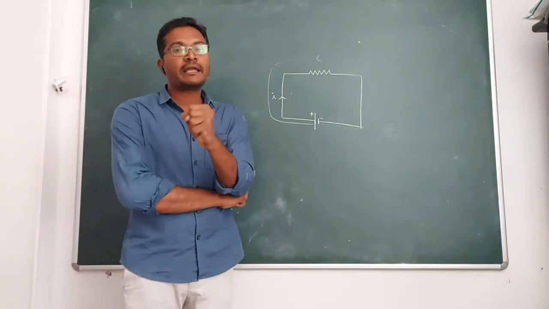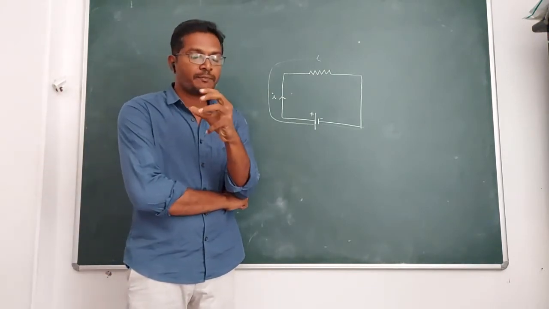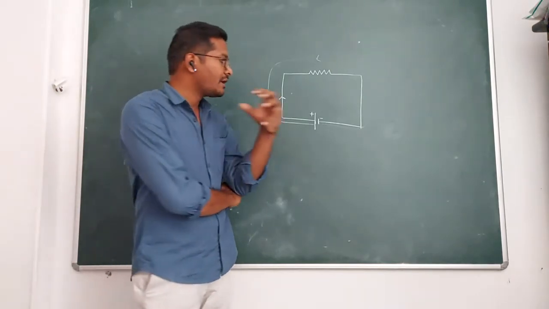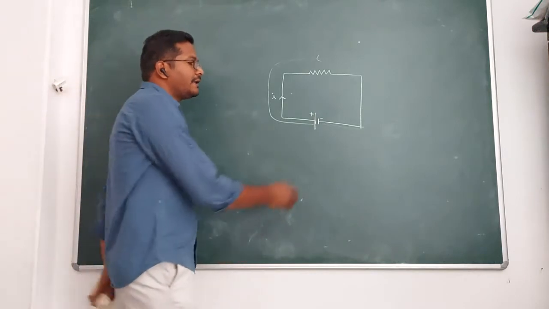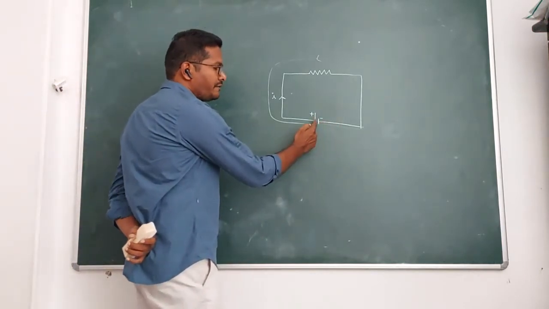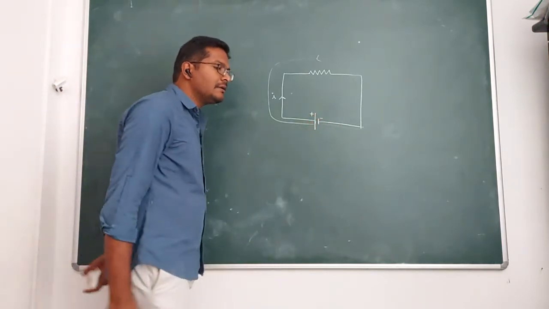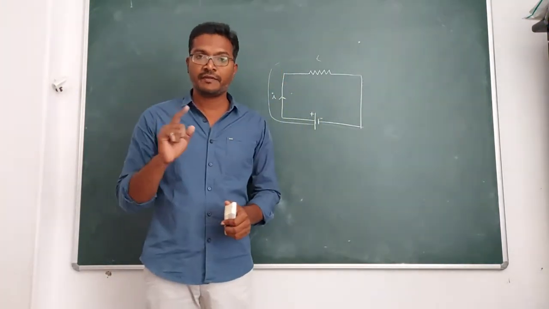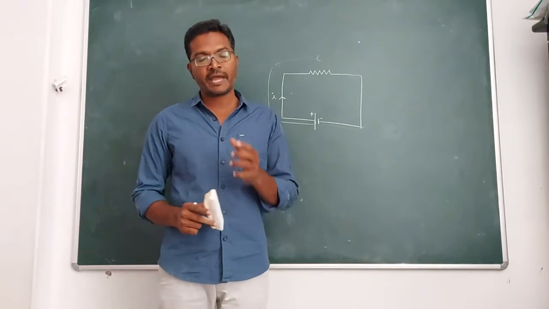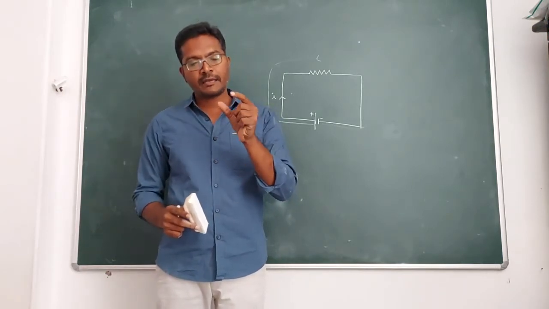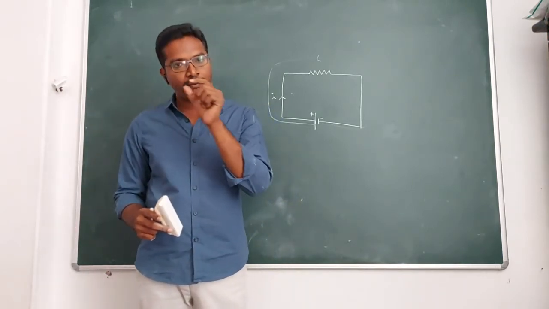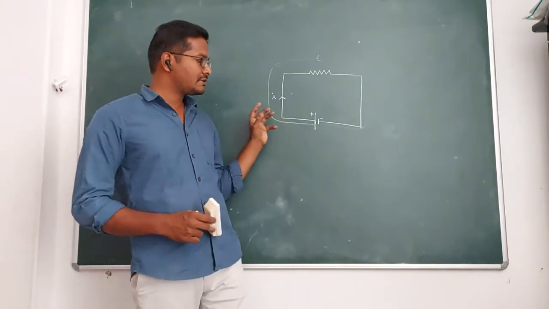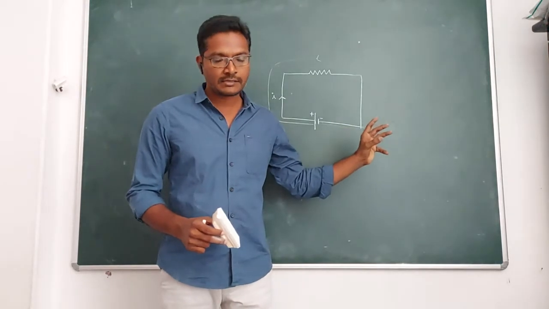From where is that electrical energy supplied? That electrical energy on the electrons you get from the battery. The battery itself has energy in the form of chemical energy. Inside a battery you have a chemical, and that chemical has some chemical energy. That chemical energy is supplied to the electrons.